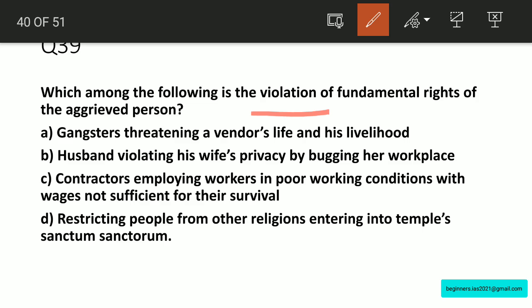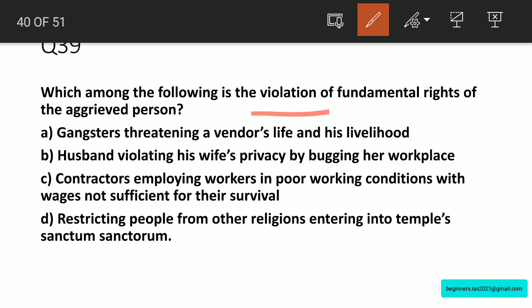Fundamental rights are guaranteed only against the state, except Article 15(2), and Articles 17, 23 and 24. The right to life, the right to livelihood and privacy are guaranteed only against the state under Article 21. If another citizen violates it, then it is a crime, but not a fundamental rights violation.